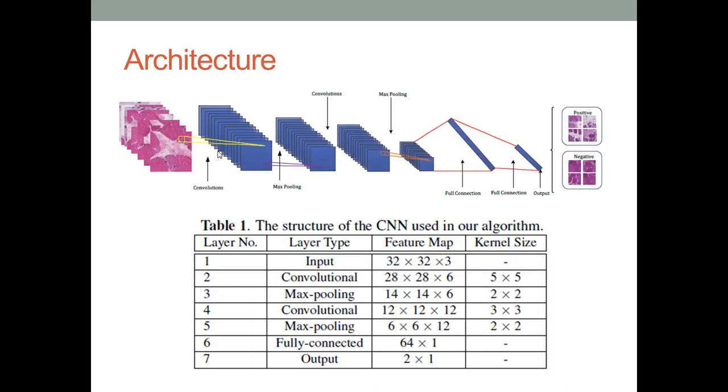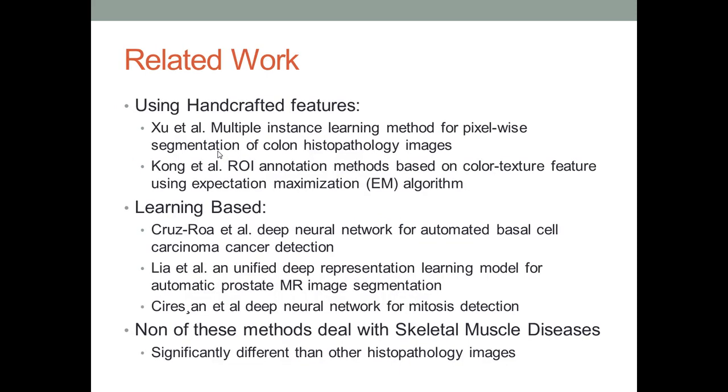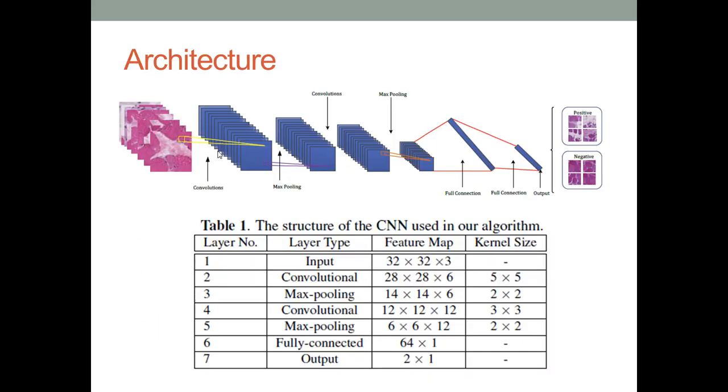So what I propose to do is to use a convolutional neural network, which has shown pretty good results in both natural images as well as in the field of histopathological images.